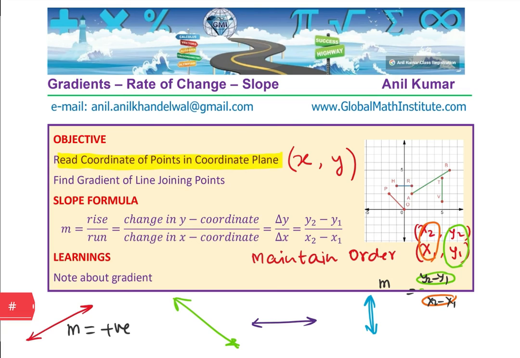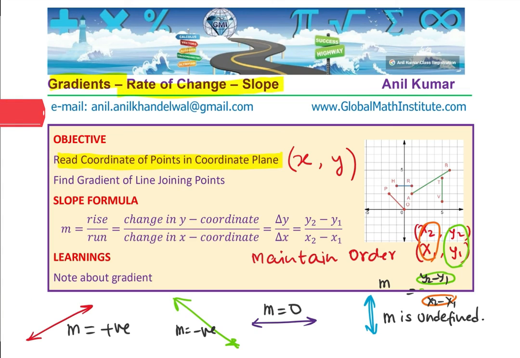In the second case, the gradient m is negative. In the third case, gradient m is 0. And in this case, gradient m is undefined. So you'll get something over 0, and dividing by 0 is not defined. Perfect. So that is how we understand this particular topic on gradients, rate of change or slope, one and the same thing.